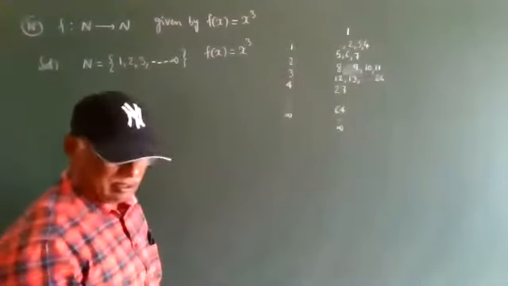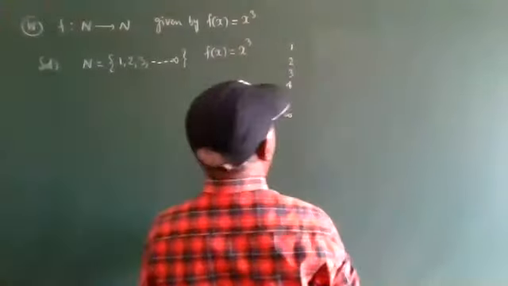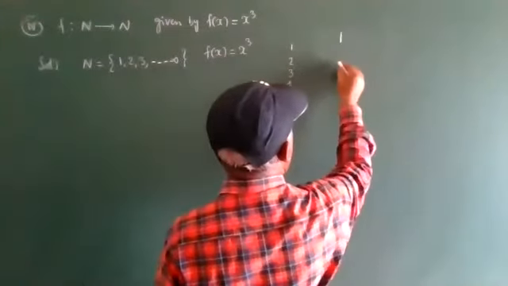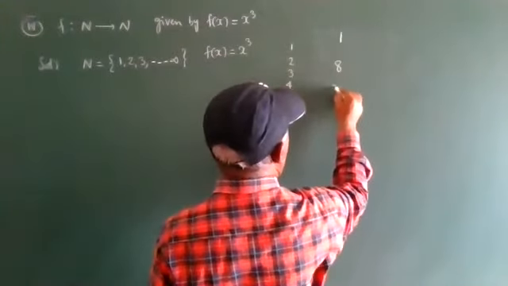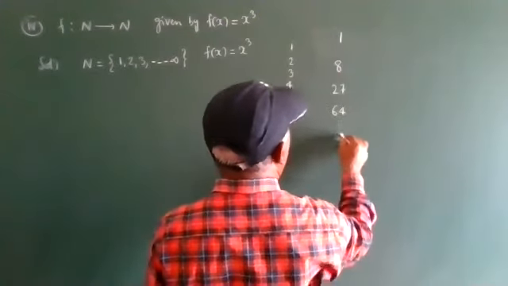Everyone see clearly. In big letters I will write 1, next 8, next 27, next 64, up to infinity.